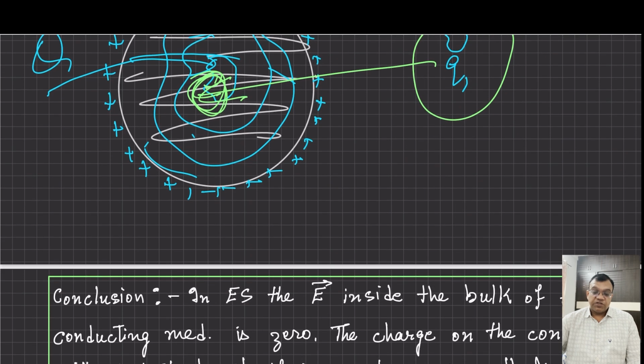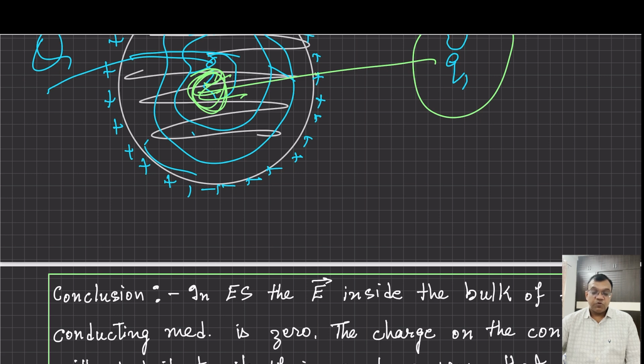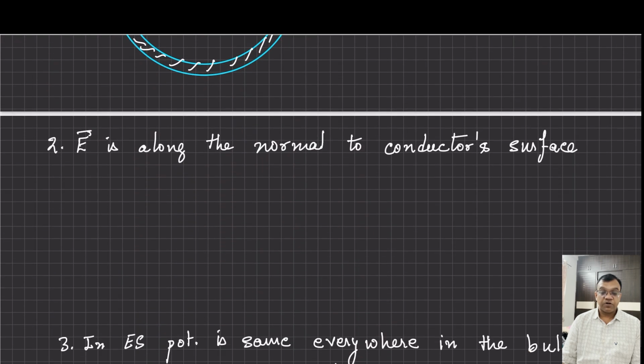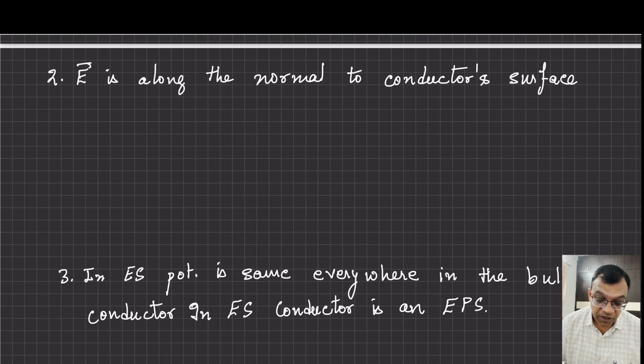In electrostatics, any charge given to the conductor will distribute in such a way that the electric field inside the conductor, in the bulk of the conducting medium, will become 0. Right?